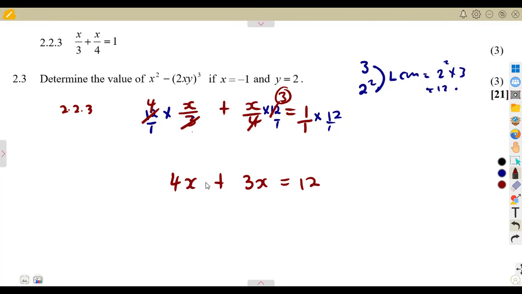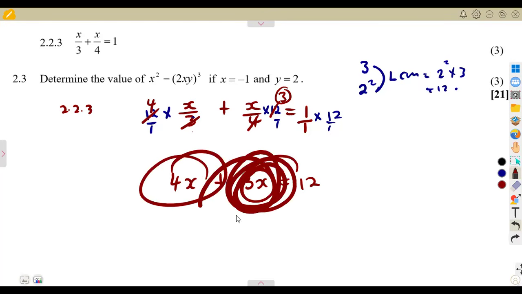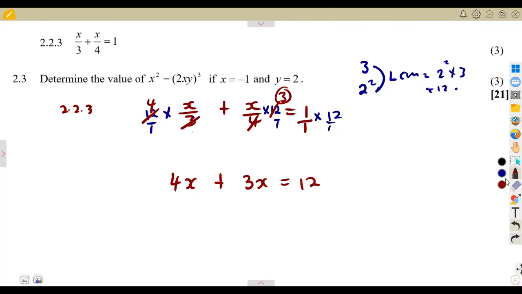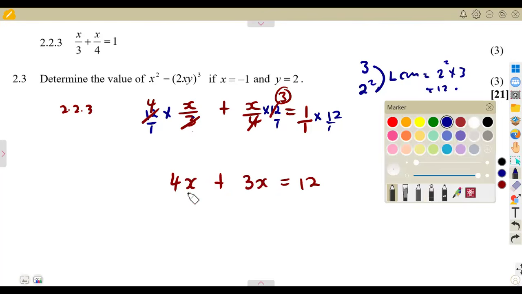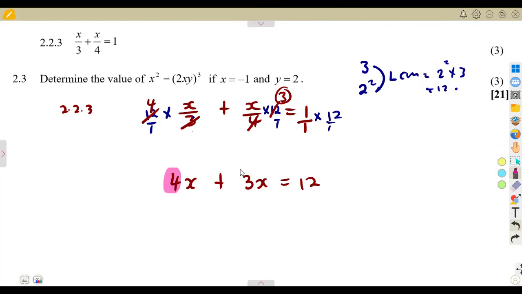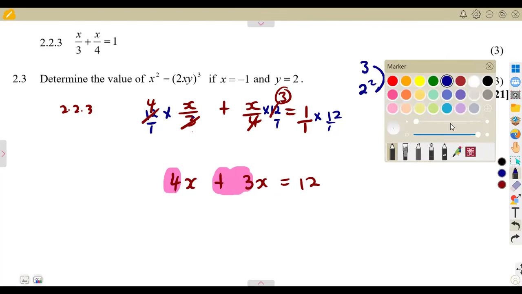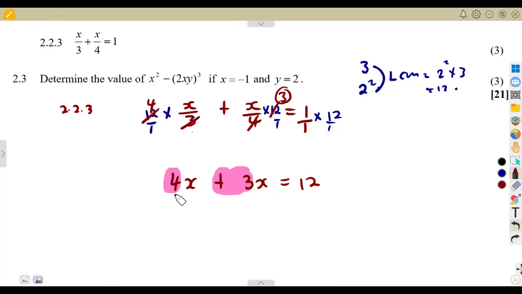Just like that. So here I've got like terms, x and x, to be considered, same exponent. So we're back now to the addition where we talked about that we simply have to add the coefficients of x. So meaning to say I'm just going to add 4 plus 3, which is 7.